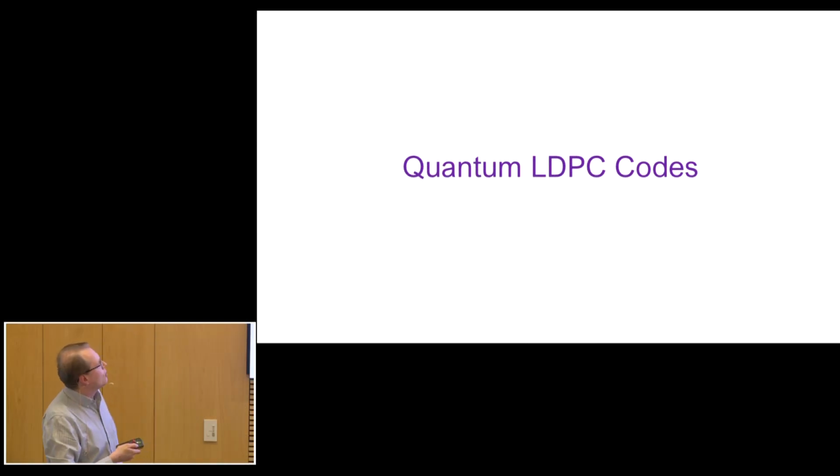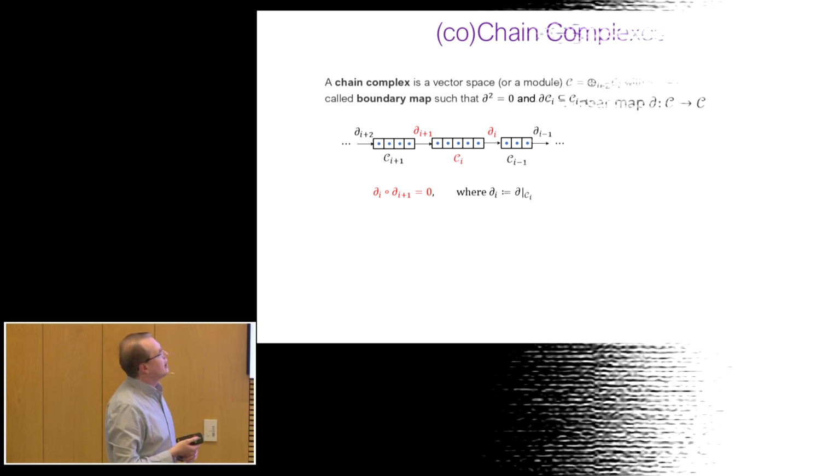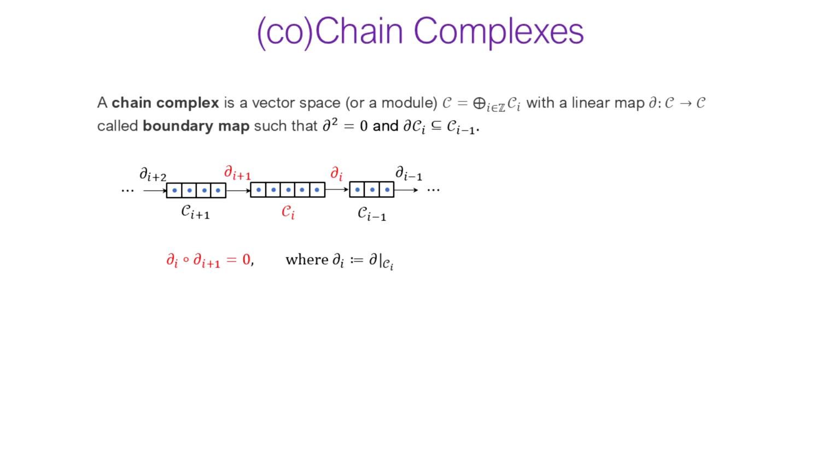Okay, now let us discuss quantum LDPC codes, but before I discuss them, let me introduce an important concept from algebraic topology called a chain complex. A chain complex is a sequence of vector spaces and also linear maps between these vector spaces. If we apply two consecutive linear maps, then we should always get 0.